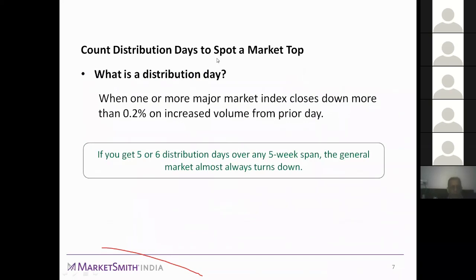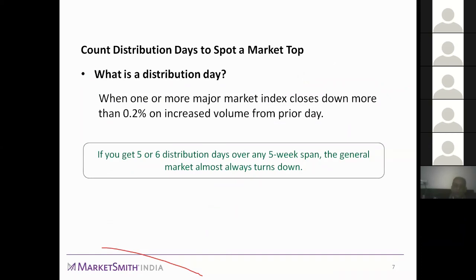Now coming to this slide, I'll talk about distribution days. A distribution day is when any of the major market indices, in India we will talk about Nifty, closes down by 0.2% or more, and the volumes are higher than the previous day's trading session.